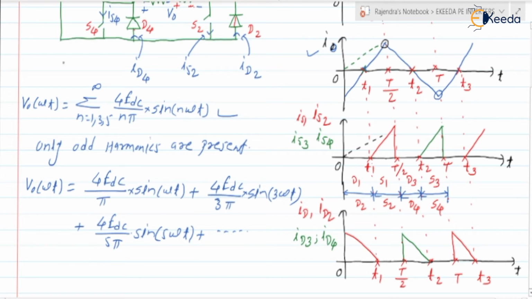Only odd harmonics are present. So V0 of omega t consists of the fundamental component.